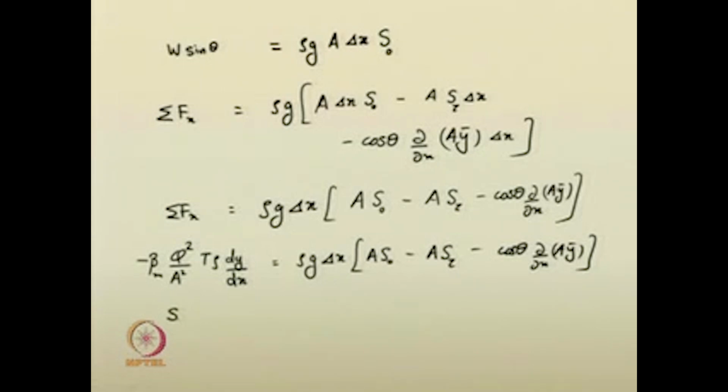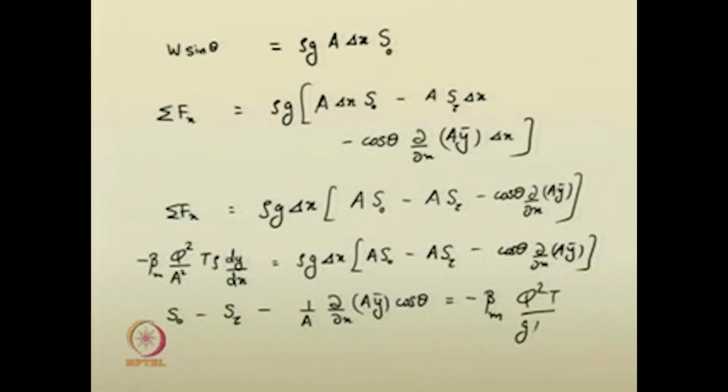I can easily write this as S0 minus, that is the bed slope minus the shear slope, minus 1 by A of dou by dou x of A y bar cos theta. This is nothing but equal to minus of beta m Q squared T by g A cubed.